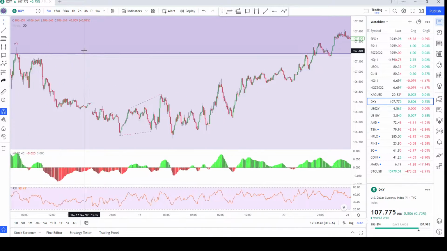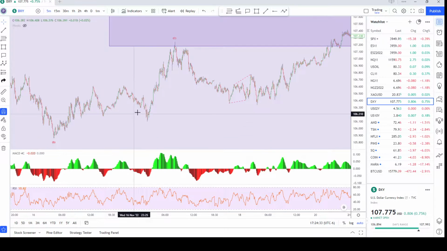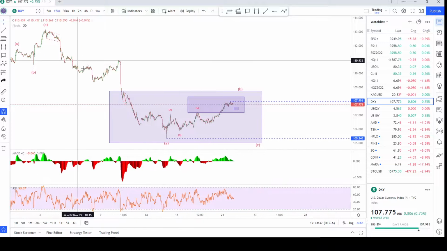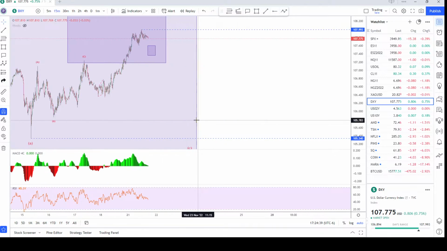So anyway, zooming back out to 15, we got an ABC up, and then this was an ABC down. To me, all of this up, last night and into today, is just another leading diagonal. So I'm expecting it to come down into this zone of 107.59 to maybe 107.37 and get a reaction.